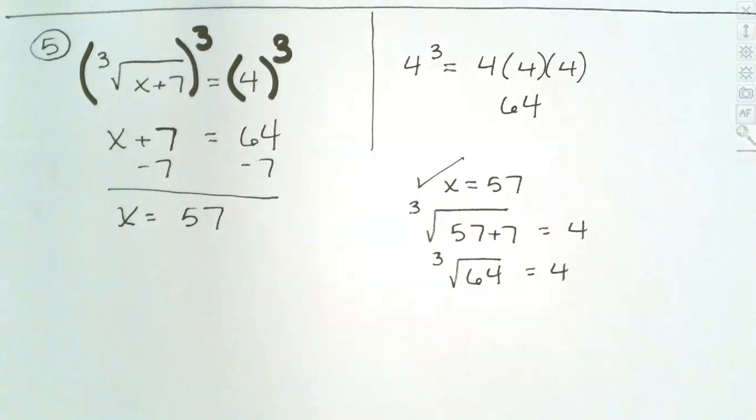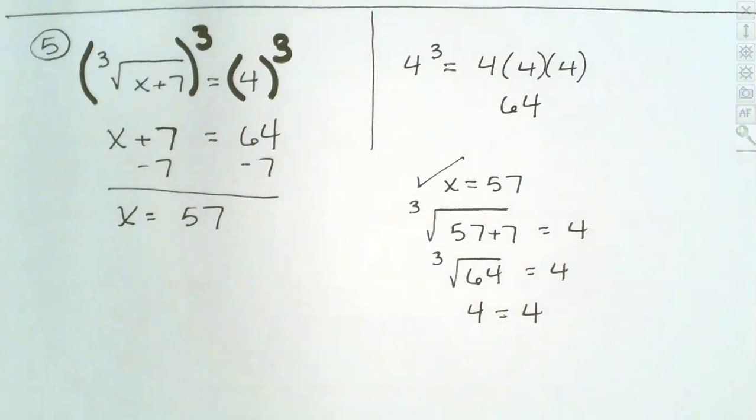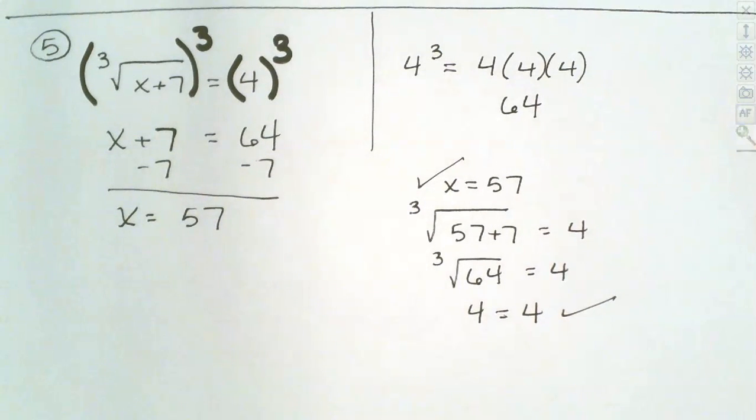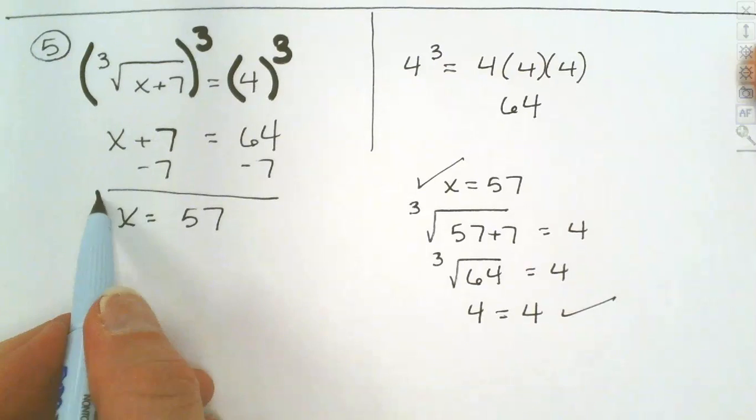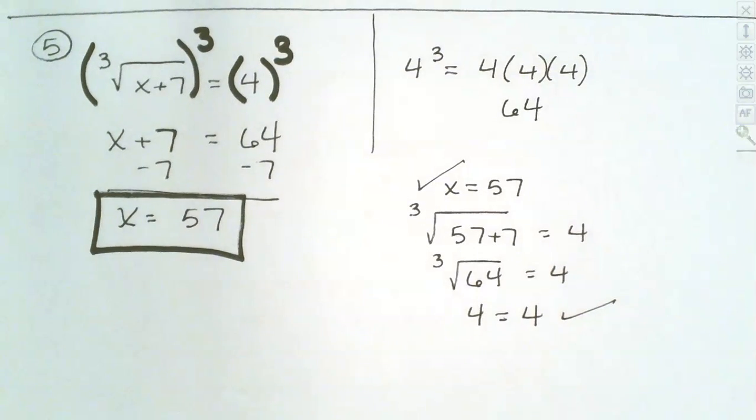So that means the opposite is also true. That means the cube root of 64 would then be 4. These are the same, so it does in fact work. So our answer here would now be 57. Right, is everyone okay with that so far?